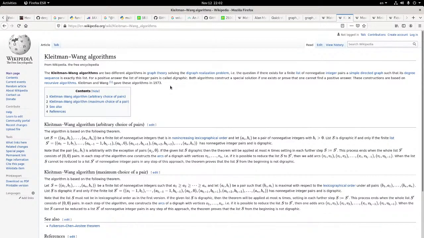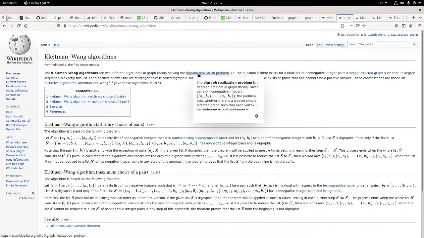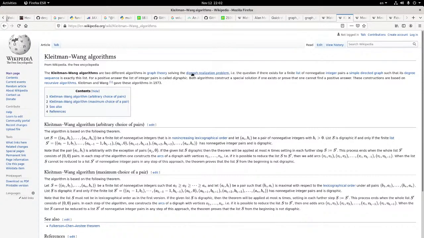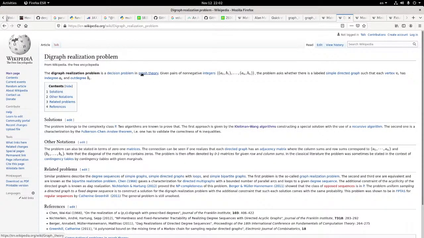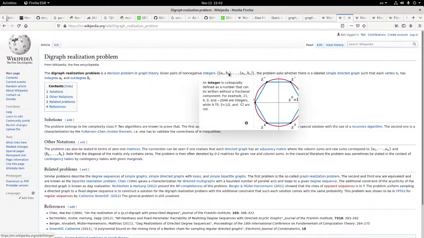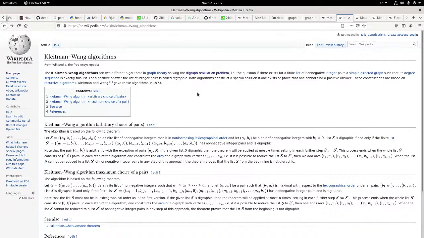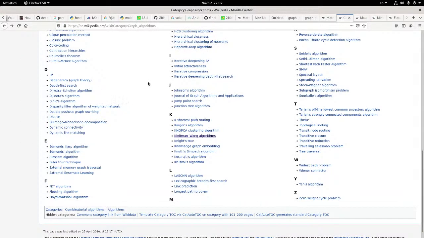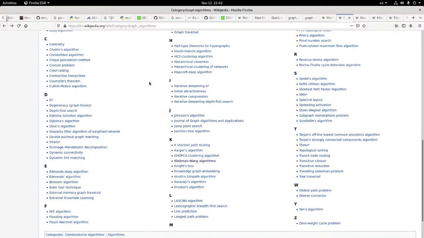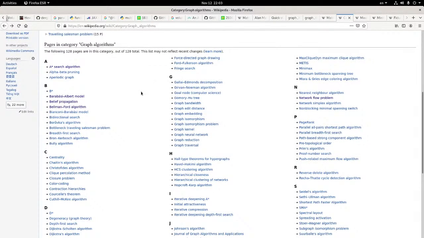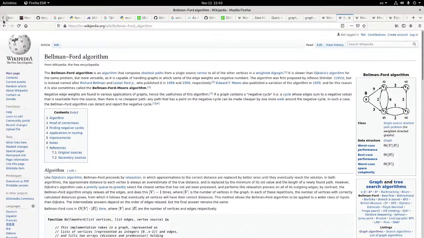Two different algorithms of graph theory solving the digraph realization problem. Yeah, that's probably not related.